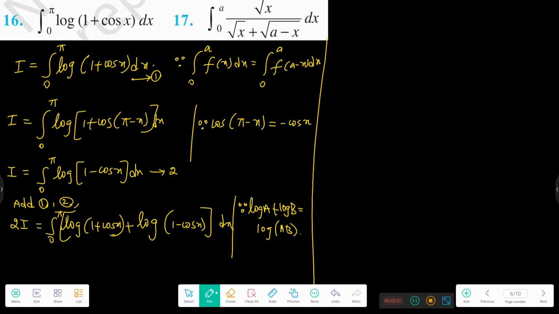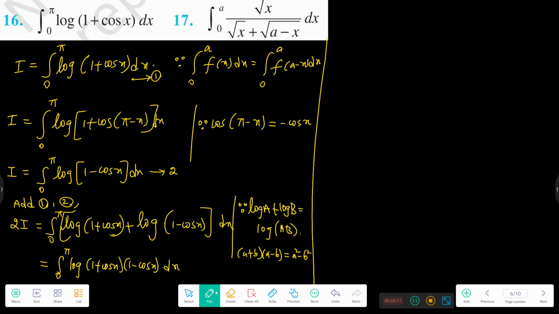So this is the formula, which means we have to multiply both. So integral 0 to pi of log of 1 plus cos x into 1 minus cos x, overall into dx. What is the formula for a plus b, a minus b? A square minus b square.